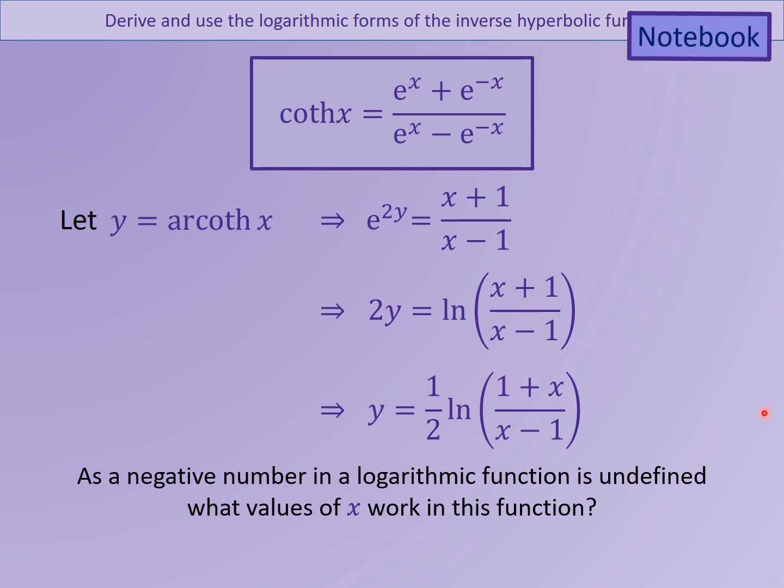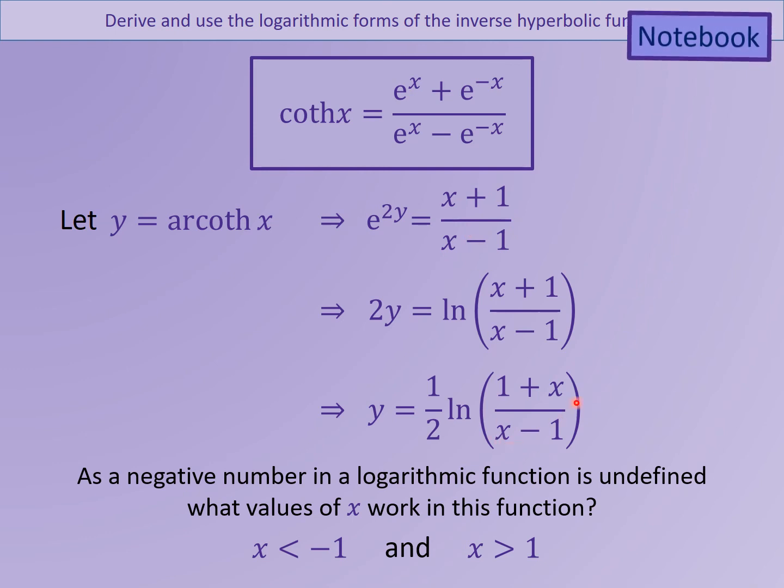Okay, so hopefully you've had to think about it. The x has to be less than -1. Okay, because if x is in between, let's say x is 0, for example, 1 plus 0 is 1, 0 minus 1 is going to be negative, so therefore the ln function won't work, or the exponential function won't work, because this can't be negative.